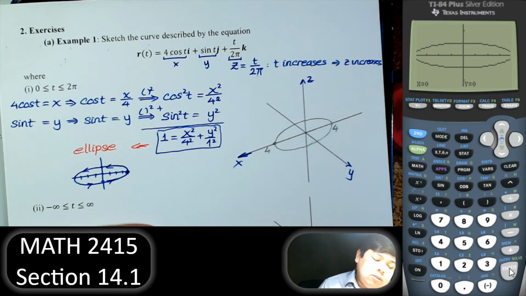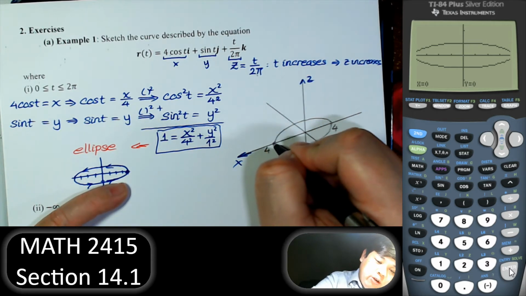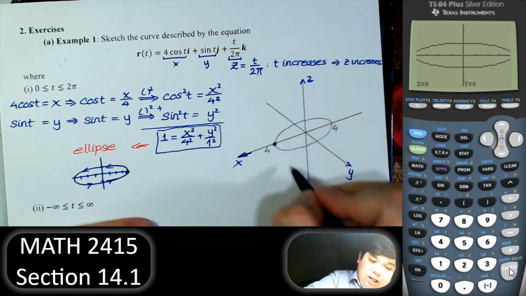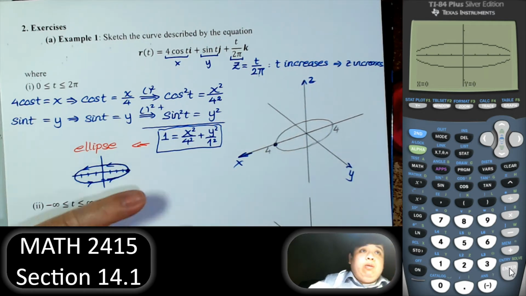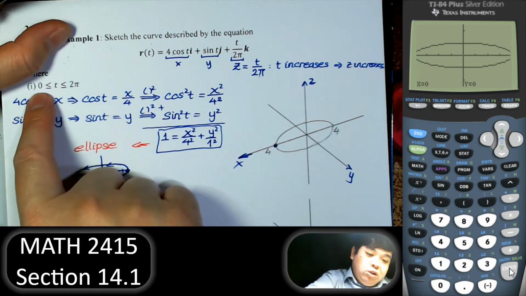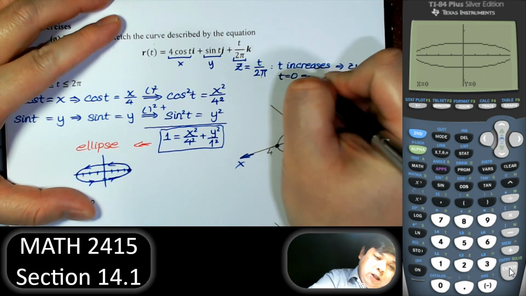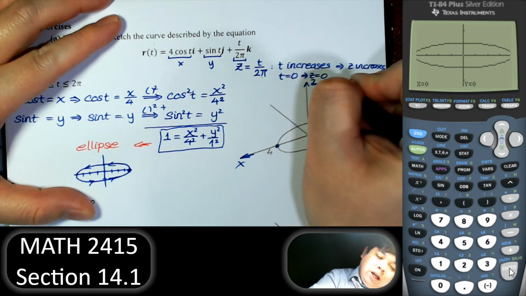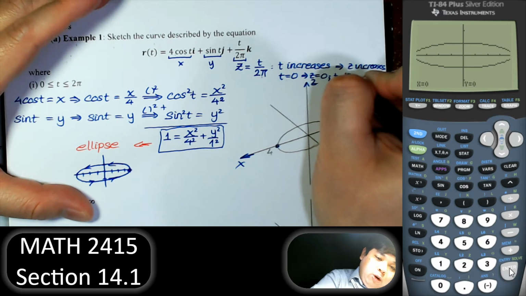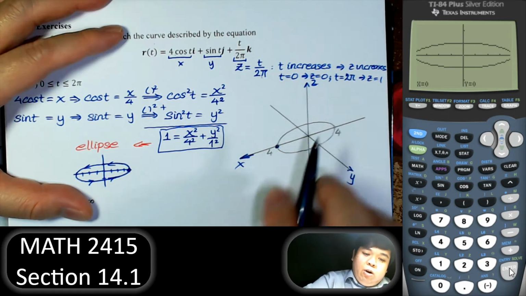Now we start at the point on the x-axis, at 4, and go this direction. However, as we go along, z increases in value. When t equals 0, z equals 0, and when t equals 2 pi, z equals 1. So z will go from 0 to 1.